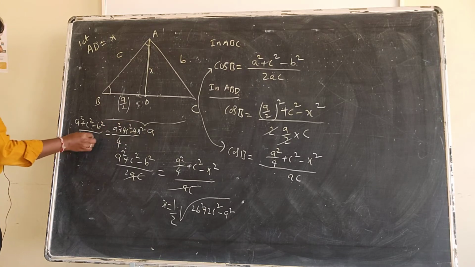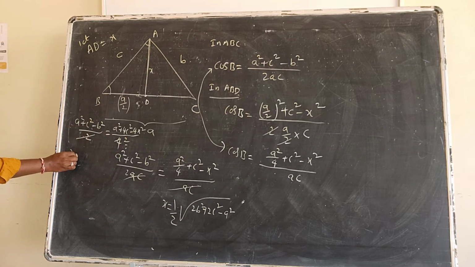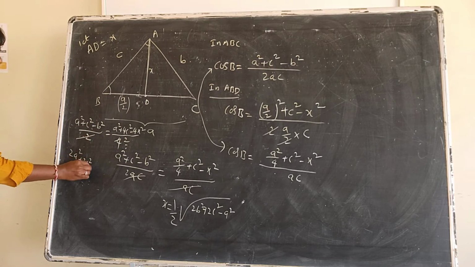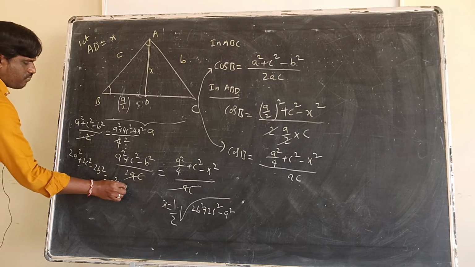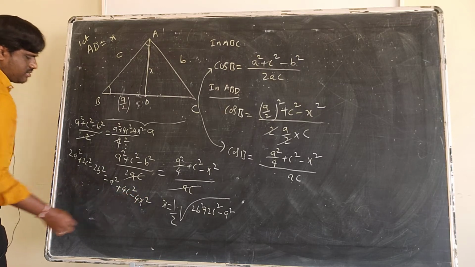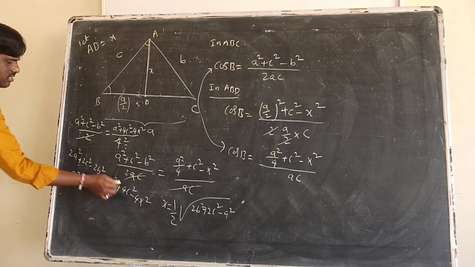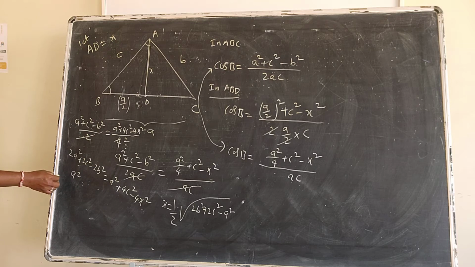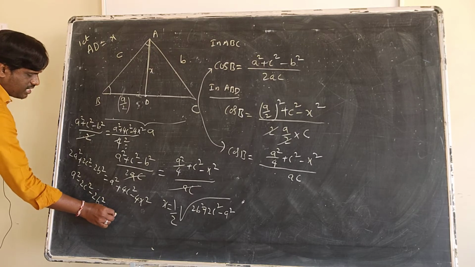And here the 2s get cancelled, and if you multiply, you get 2a square plus 2c square minus 2b square is equal to a square plus 4c square minus 4x square. And if I send everything here, 2a square minus a square is a square, 2c square minus 4c square is minus 2c square, and minus 2b square is equal to minus 4x square.